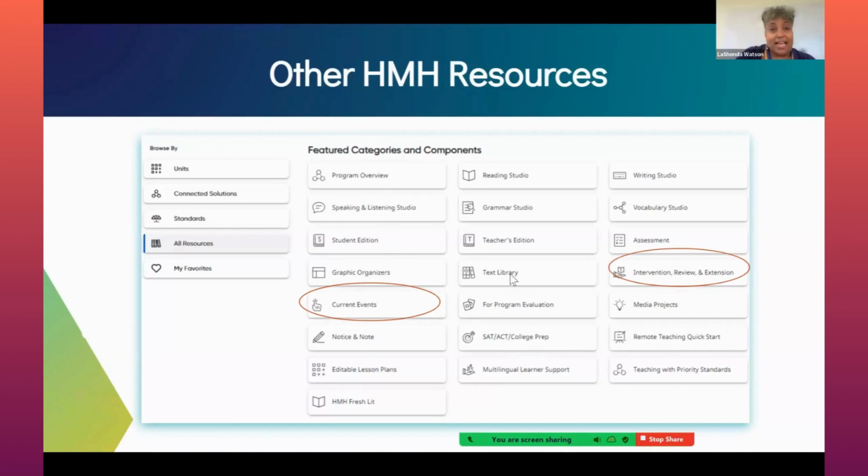There is a text library for students to access independent reading or other reading materials that may be linked to or connected to what they're reading in those particular units. There's all sorts of things that are at your fingertips that can be used for instruction and extension and review.